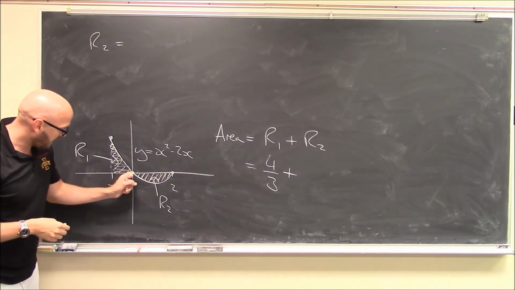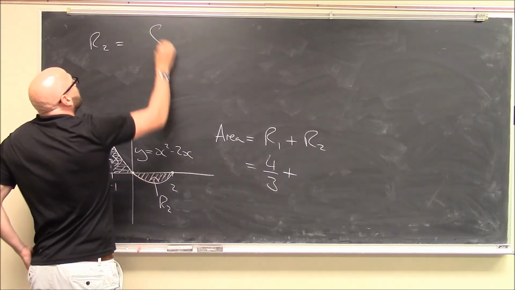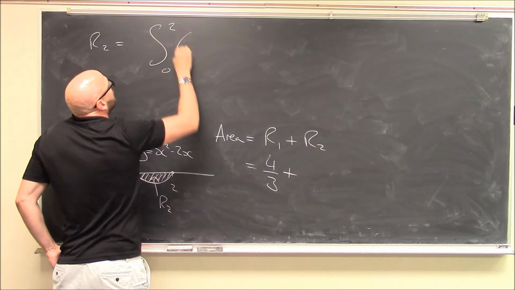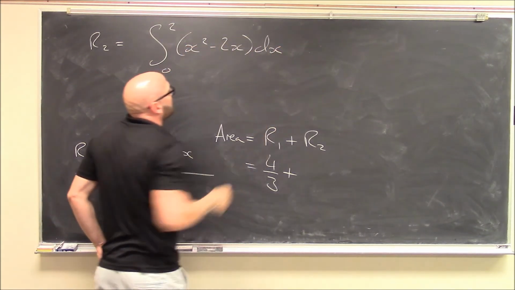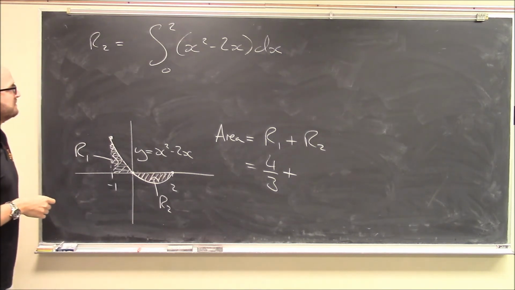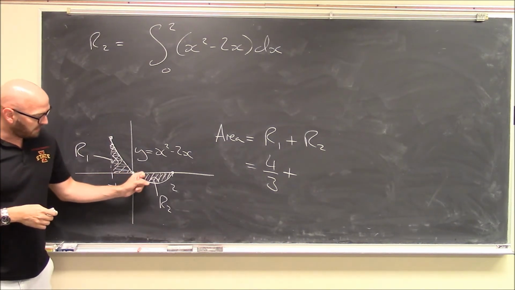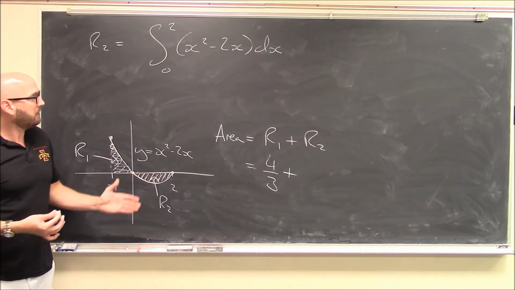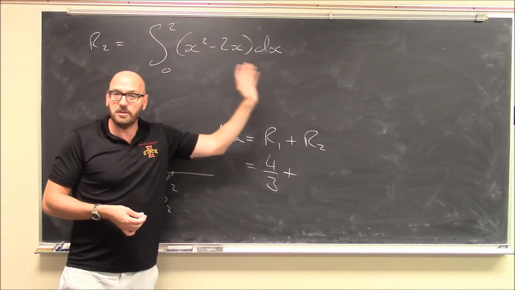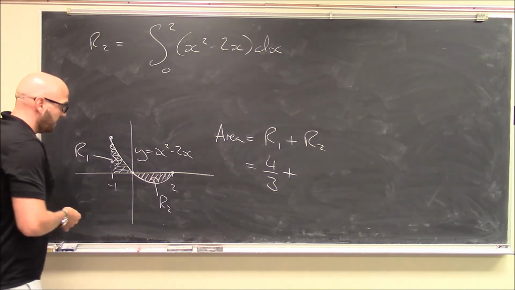Well, if I just said, okay, I want the integral from 0 to 2 of x squared minus 2x dx, that would give us negative of this area, right? Because it's below the x-axis, this counts as negative area. I promise if you compute this integral, you'll get a negative number. So how do I fix that?